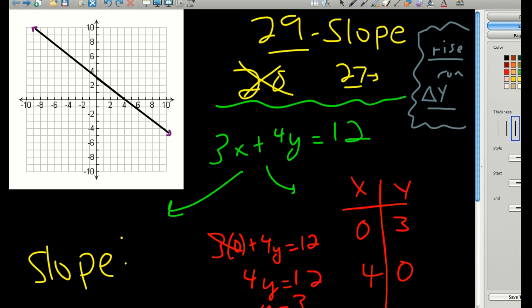The triangle is actually a Greek symbol that stands for delta. So delta y over run, and run is measured in the x coordinates, so we have delta x. So delta y over delta x.